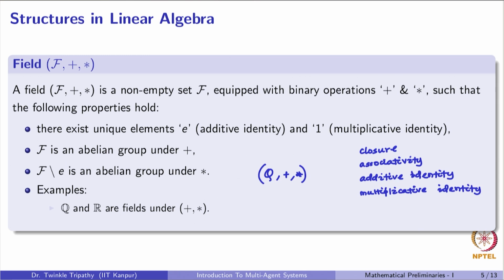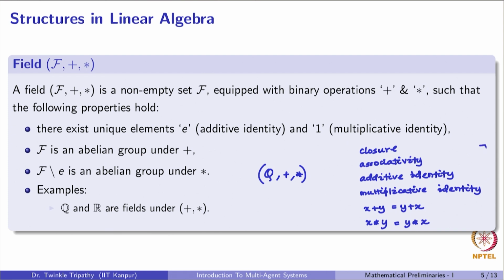Now, for it to be a field, F also has to be abelian, meaning whenever I do this, it has to be equal to this as well. Similarly, every element other than the identity element must also satisfy the commutative property with respect to the multiplication operation, meaning this.